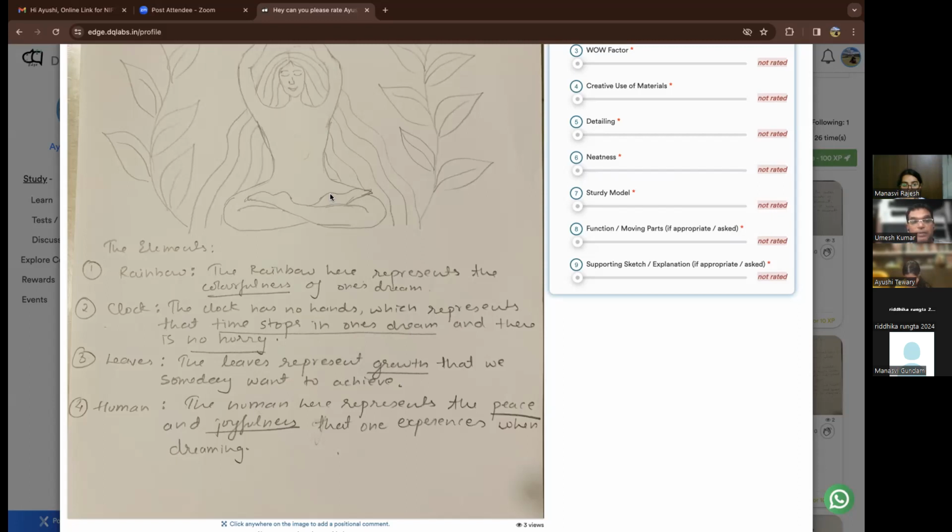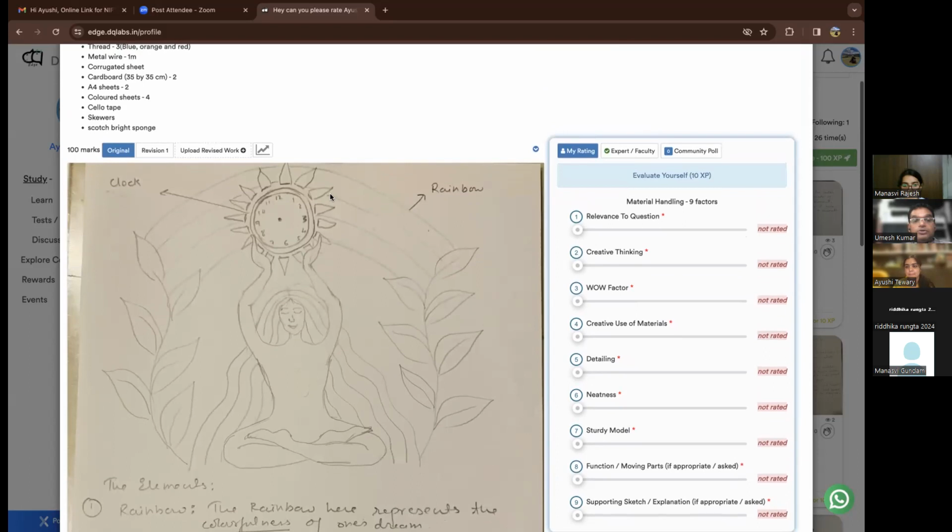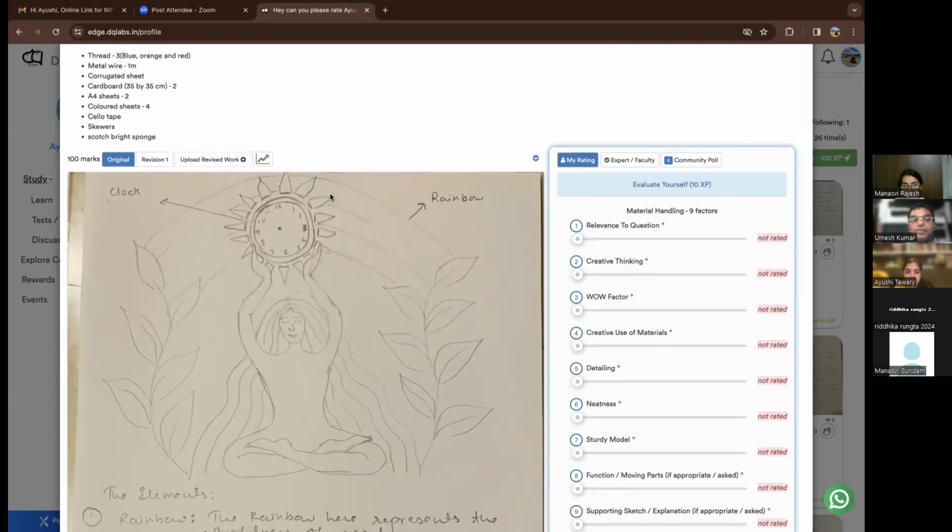And if you scroll up, what is missing in this explanation is that you are shown a person in a yoga pose holding a clock without the hands, right?